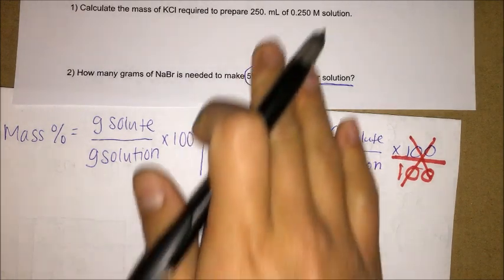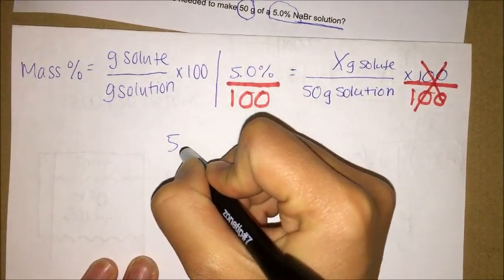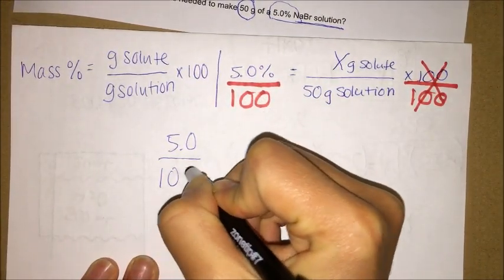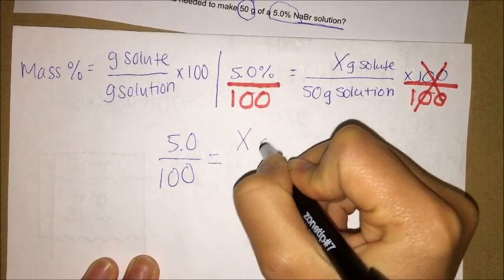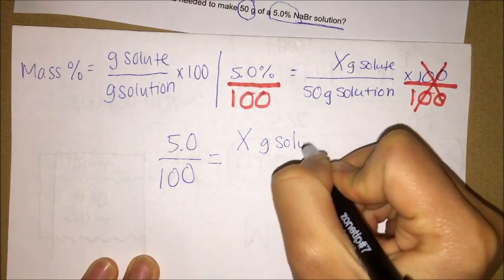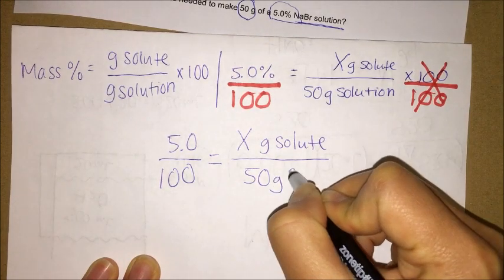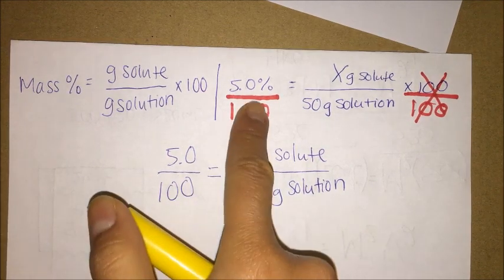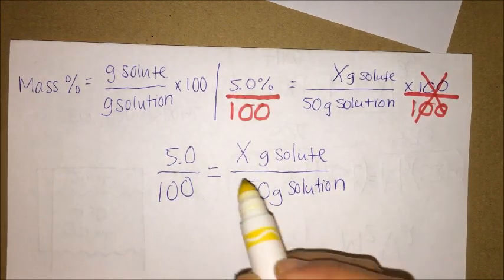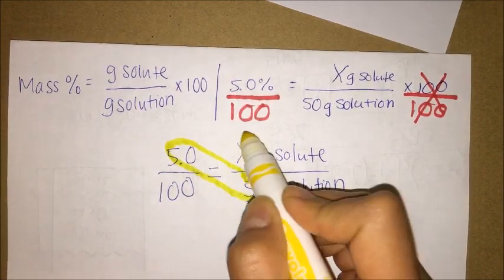So I'm going to rewrite the full equation again. Now we have 5 divided by 100 equals X grams of solute over your 50 grams of solution. Because you're dividing by 100, that's why you can get rid of this percent. And to solve for X, you could just simply cross multiply.